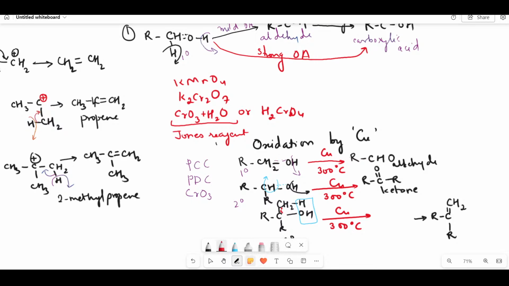So this has become C double bond like this. I'll just erase this. We don't need so many steps. Directly we can form it here. R C double bond CH2 R, and what we get is H2O.